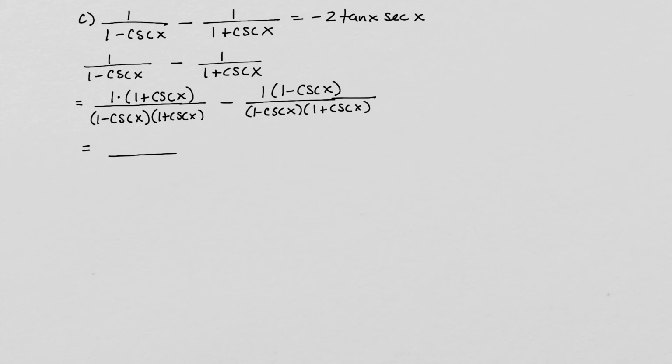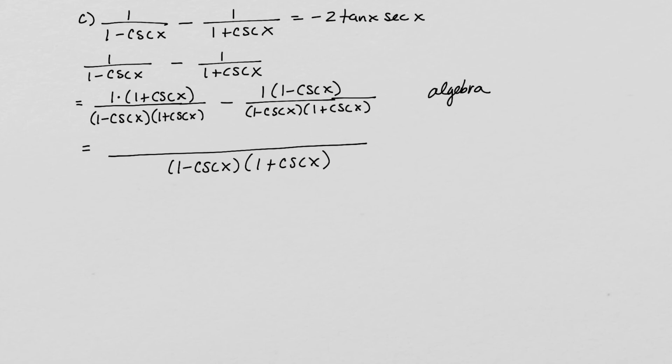So if I put them together, and all I did here was some algebra, the bottom is going to be 1 minus cosecant x times 1 plus cosecant x. The top part, I have 1 times 1 plus cosecant x, so that first piece is just going to be 1 plus cosecant x, minus the second piece, 1 times 1 minus cosecant x.